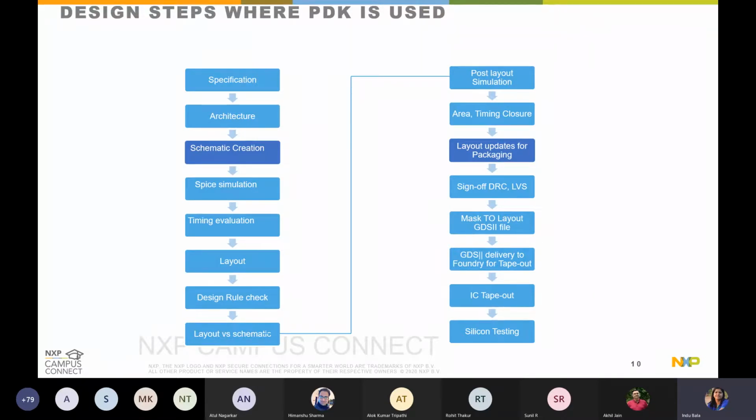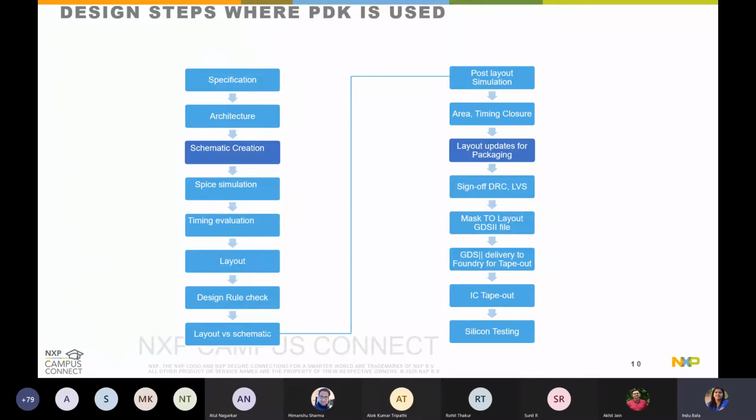As soon as your architecture is defined, the PDK comes into the picture, and as a PDK team we start working with foundries to collect all the data. As I said, the base PDK is always provided by the foundry. In most cases, the exceptions are only if you have any in-house processes. Otherwise, you get a basic PDK from the foundry.